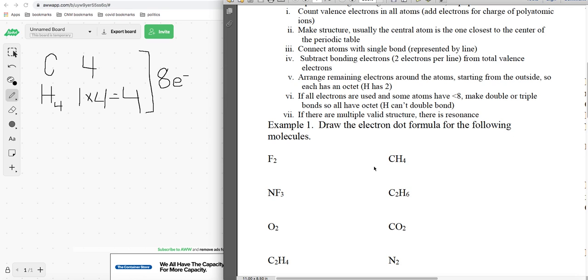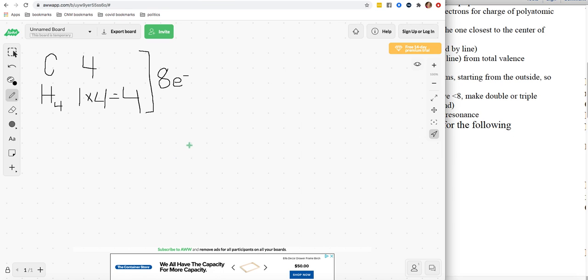If carbon is there, it's pretty much always the center, and in this case we have CH4, so we can put C in the center, and then we're just going to attach the 4 hydrogens to it. Another rule is that hydrogen can never be in the center, and another kind of rule of thumb is if you have only one of a certain element, that's usually in the center.